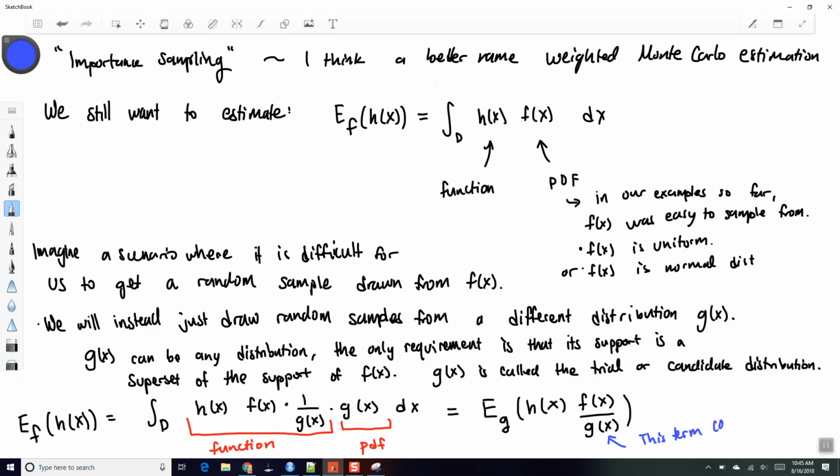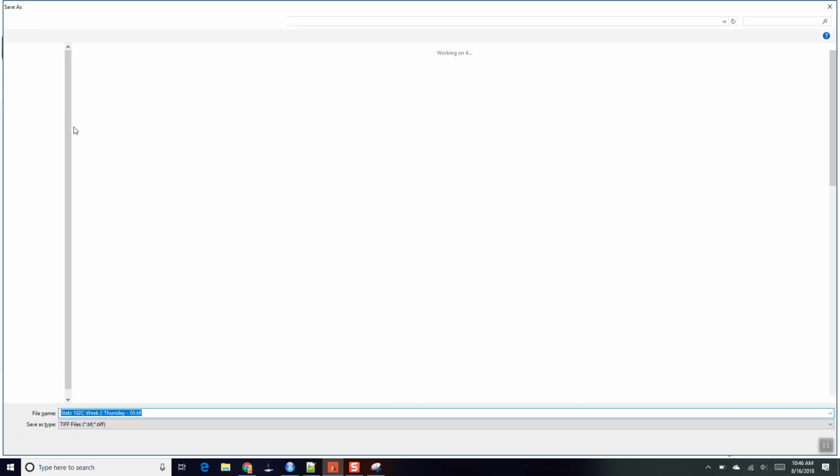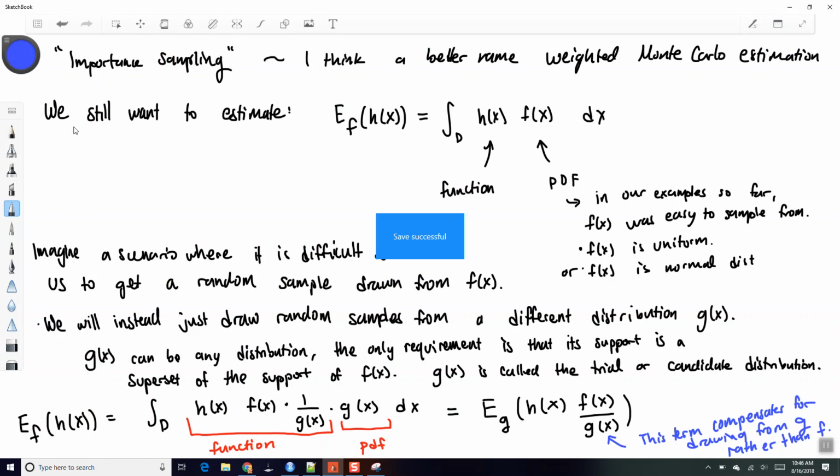This term compensates for drawing from g rather than f. I hope you're able to read that.